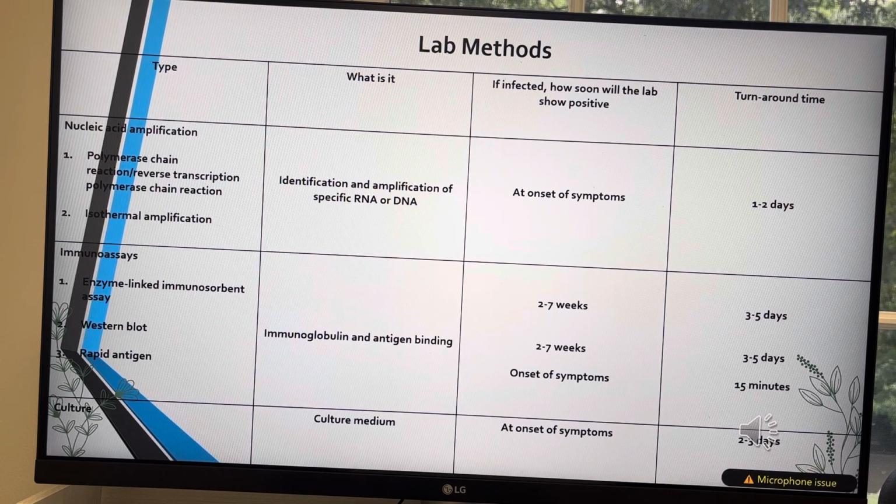Let's go down to immunoassays. These tests are based on the binding that occurs between an antibody and an antigen. I should clarify, when I say antigen, that means any foreign substance that elicits an immune response.